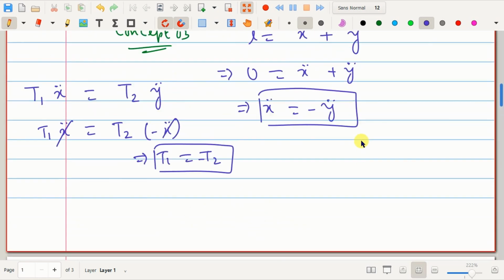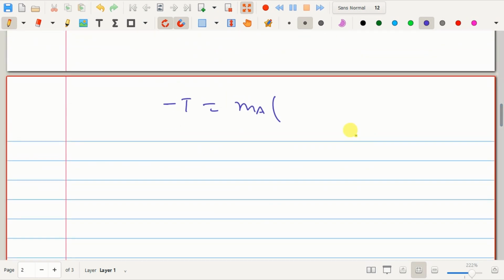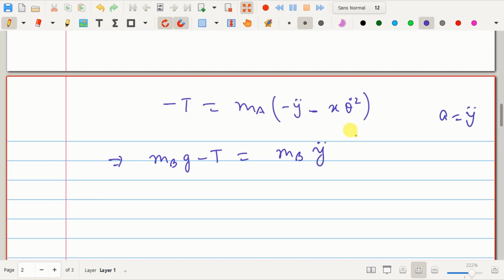Now x double dot, here you can see, is minus y double dot minus x theta dot square, and we have another equation: mB times g minus T is equal to mB a. Now this acceleration is nothing but y double dot, since it is a vertical acceleration.